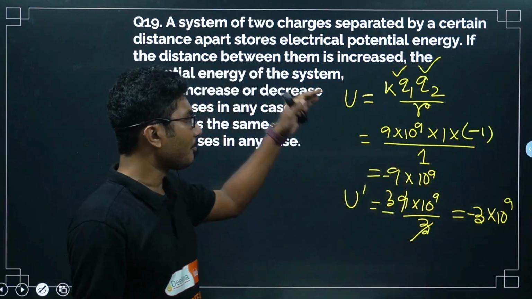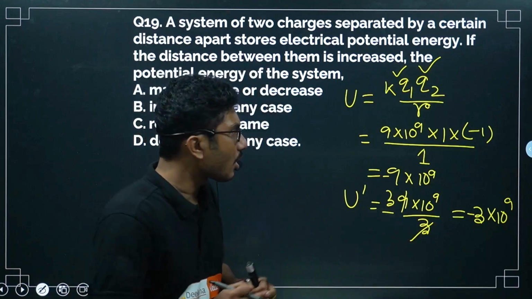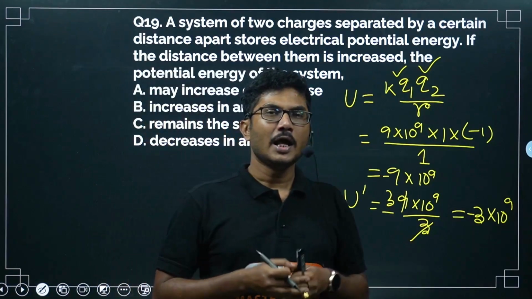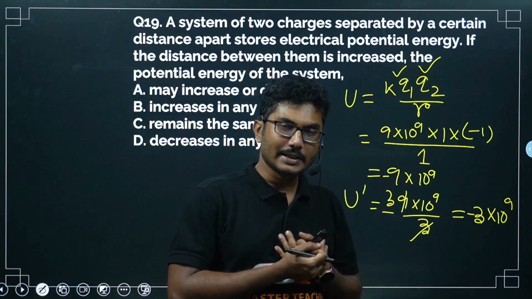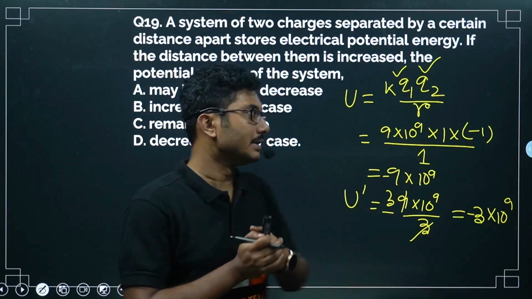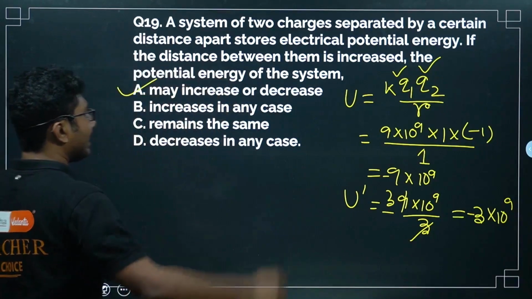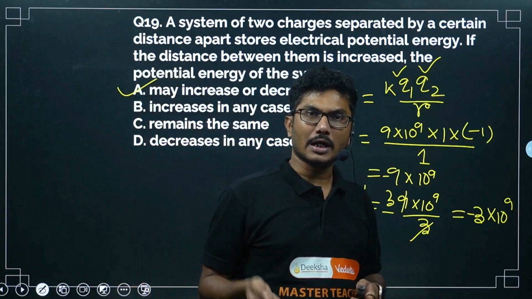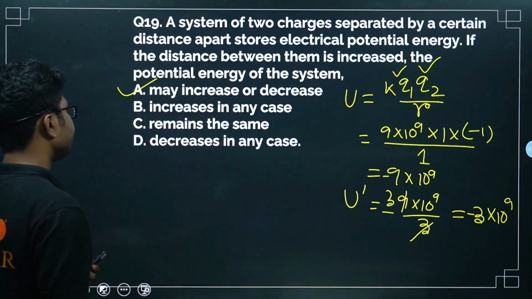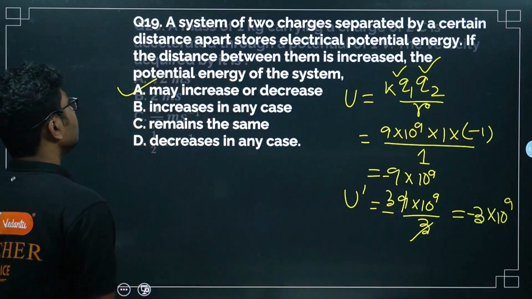So in this case the potential energy is increasing. So if both the charges are of same sign, the potential energy will decrease. If the charges are of opposite sign, potential energy will increase. So it may increase or decrease based on the combination, right?